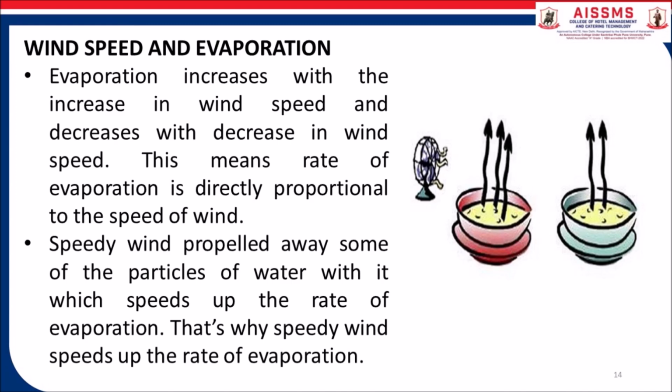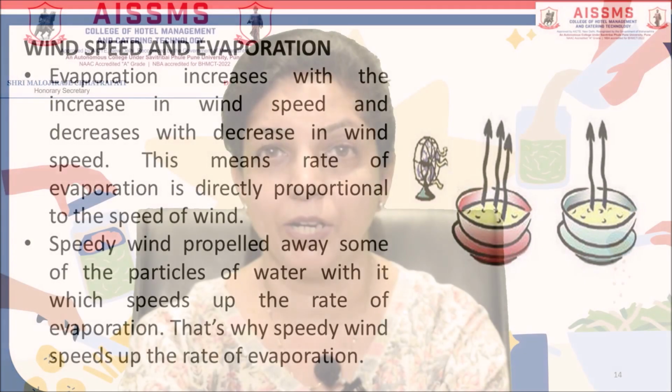That is why the rate of evaporation increases, as seen in the adjoining figure, wherein a fan has been put up near the liquid which is hot and constantly stirring. You will see that the liquid evaporates faster and cools down even faster. Certain examples related to evaporation have been shared.